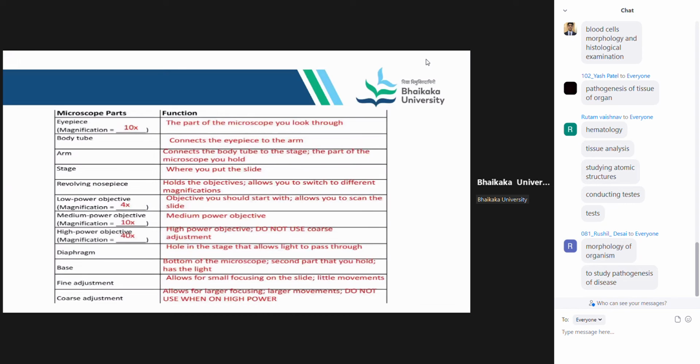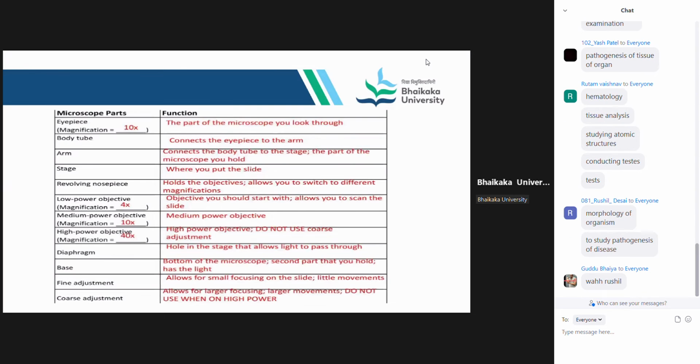Then come the objective lenses, attached to the revolving nosepiece. The lowermost is 4x, known as the scanner view. Then comes 10x, then 40x, and the fourth one is the oil immersion lens.